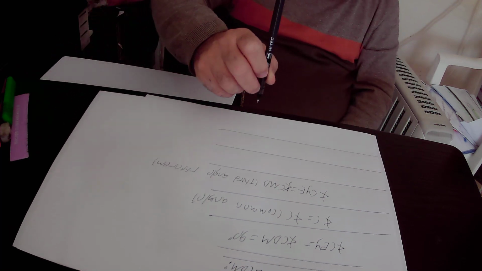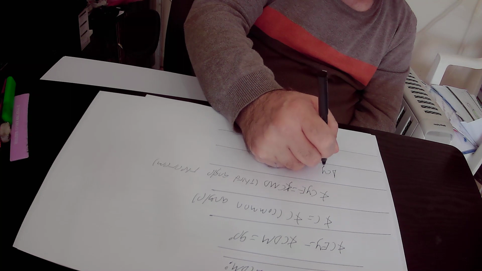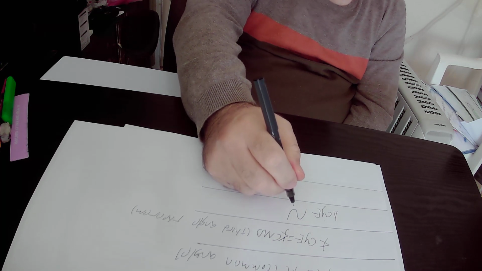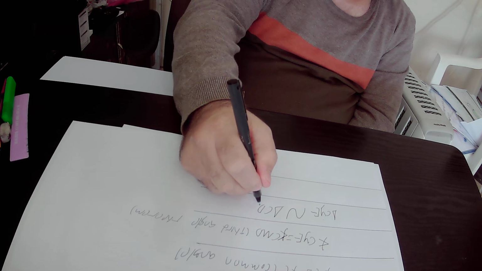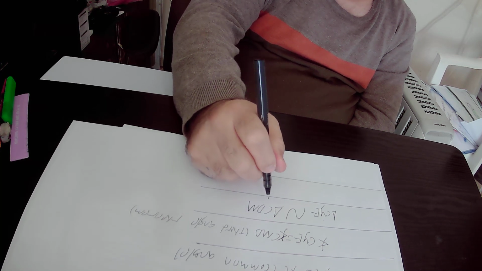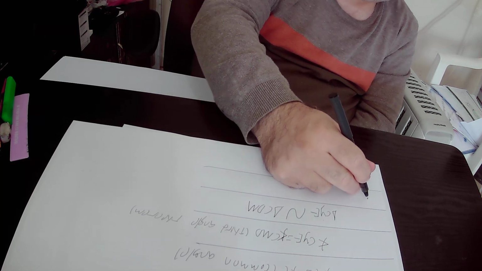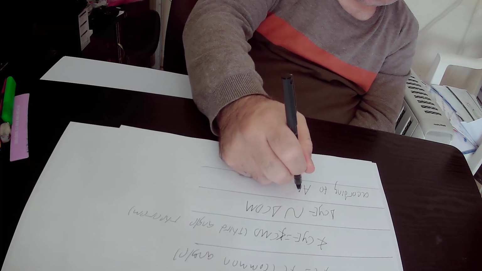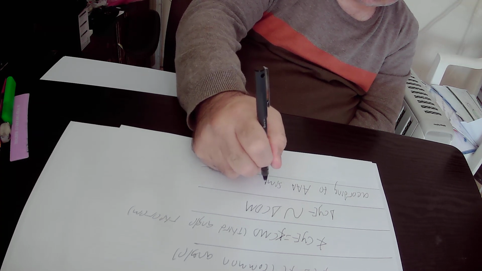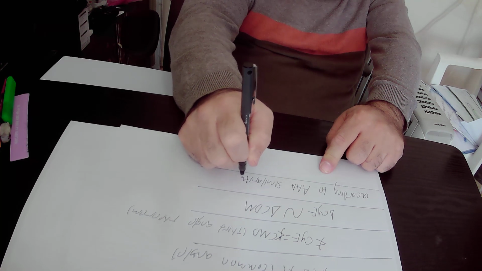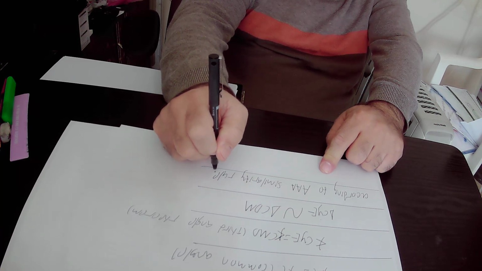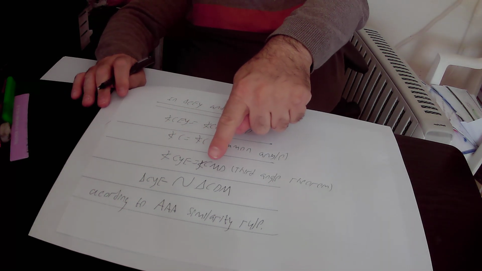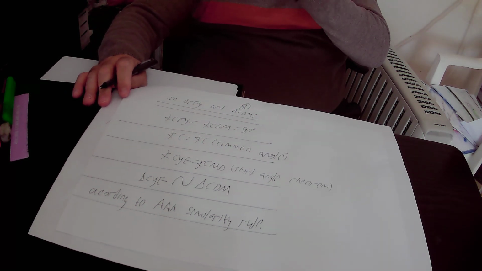We can conclude that triangle CYE is similar, this is the sign of similar, to triangle CDM, and those two triangles are similar to each other according to angle similarity rule.